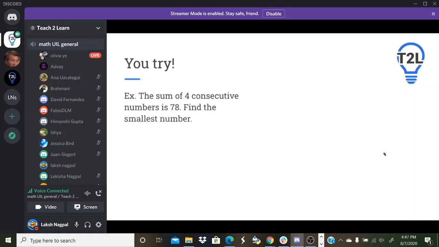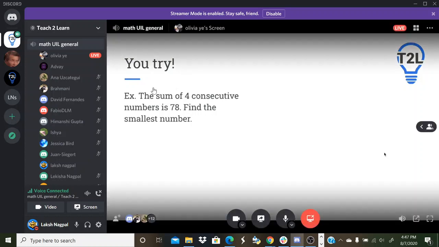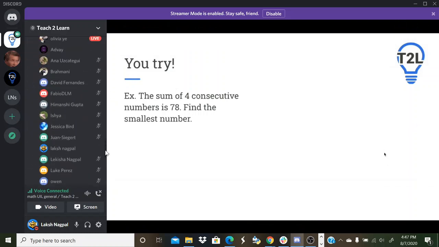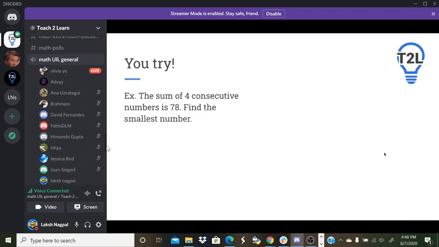This may be a bit tricky, but hopefully you guys can get it. Starting the timer. 10 seconds left.